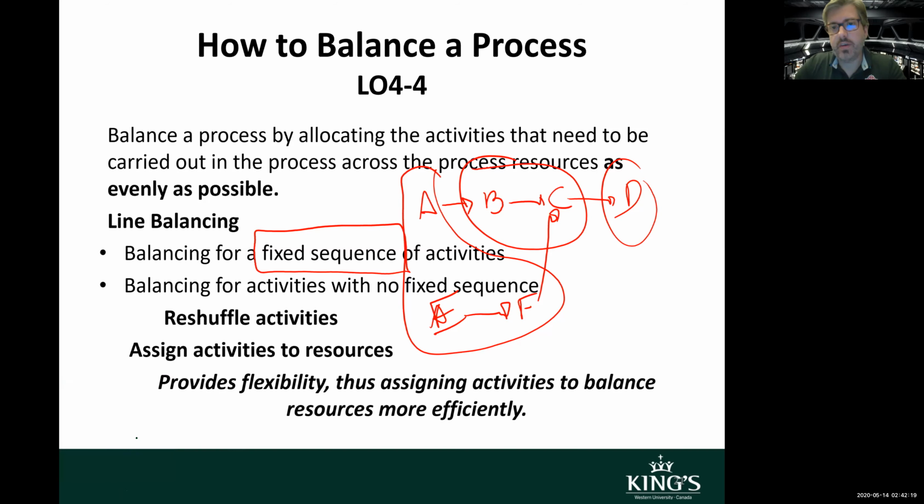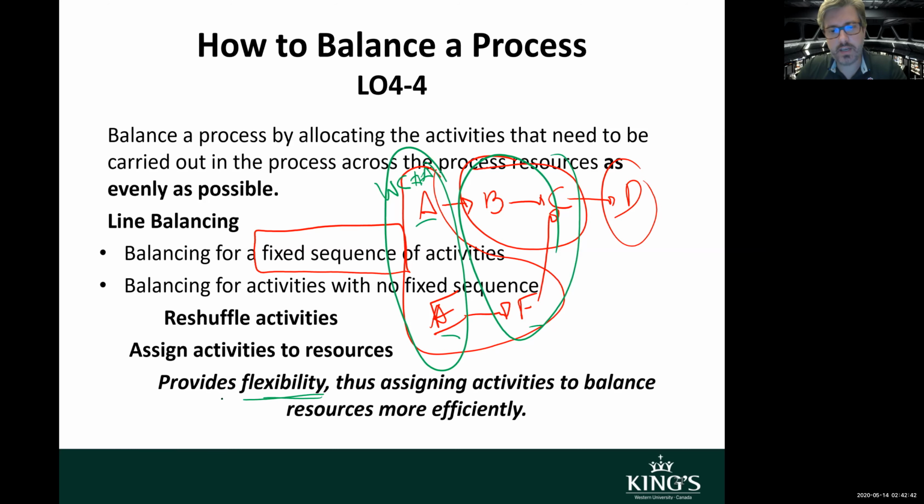For example, this work center over here, number 1, has activities A, E, and F. Maybe I want to reshuffle activity F to B and C, and then workstation 1 is only A and E, and that would create a process much more aligned to a takt time, for example. So why is it that we do that?